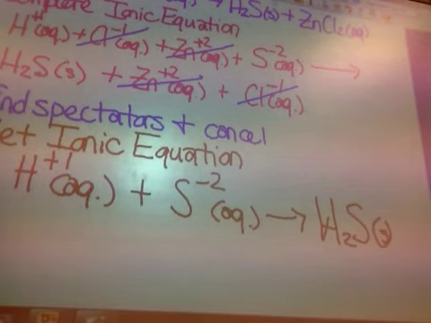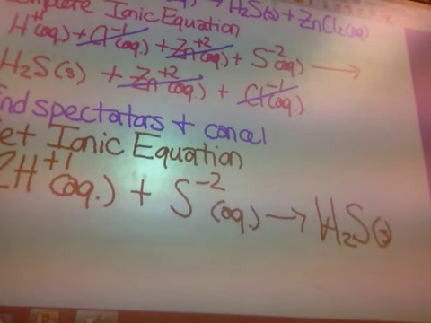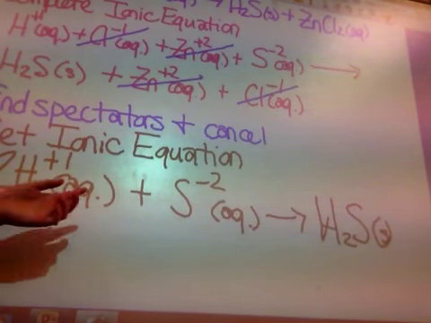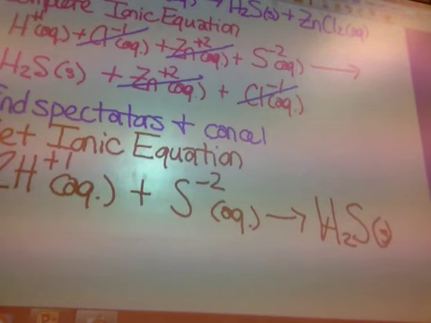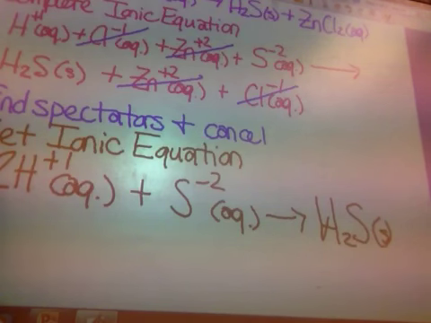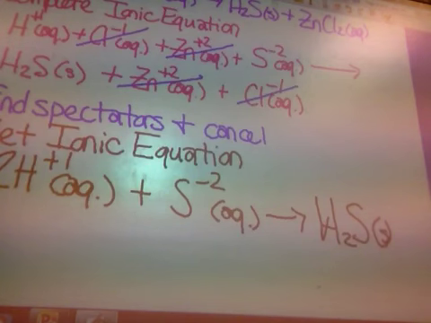So how can I make sure that I balance this equation? I'm going to add a 2 in front of that hydrogen. So I have two hydrogens, one sulfur, two hydrogens, one sulfur. You need to make sure, though, that those are balanced all the way through. Do not wait on your last step to balance it on this net ionic equation. Want to make sure that it's balanced all the way through.